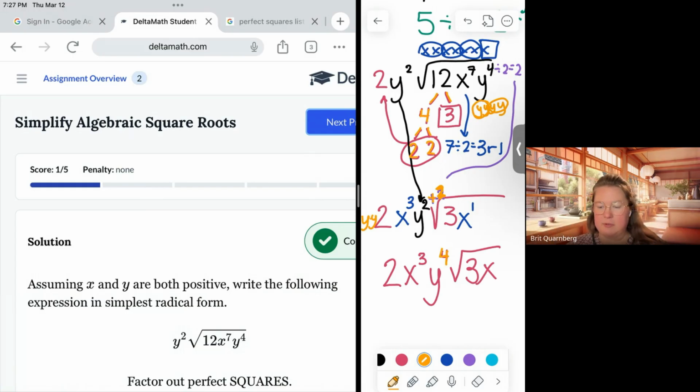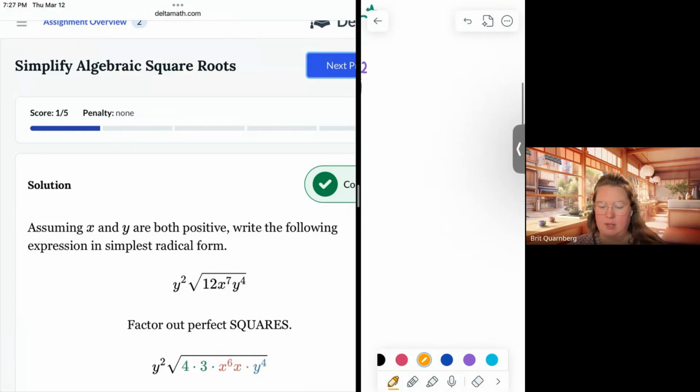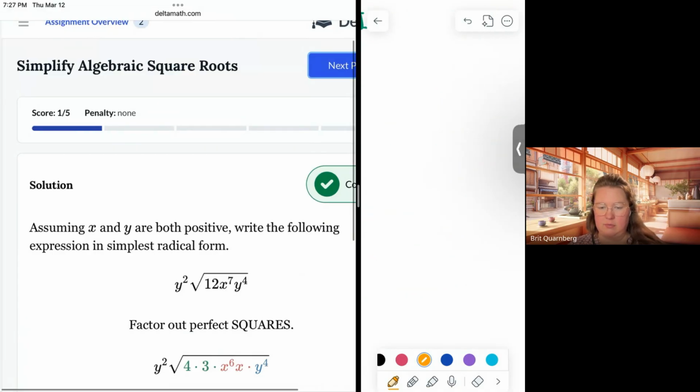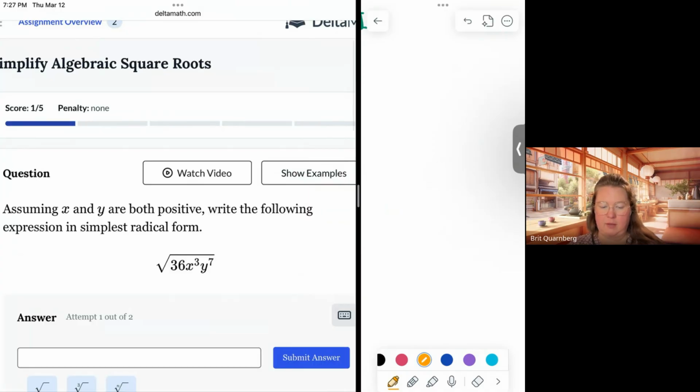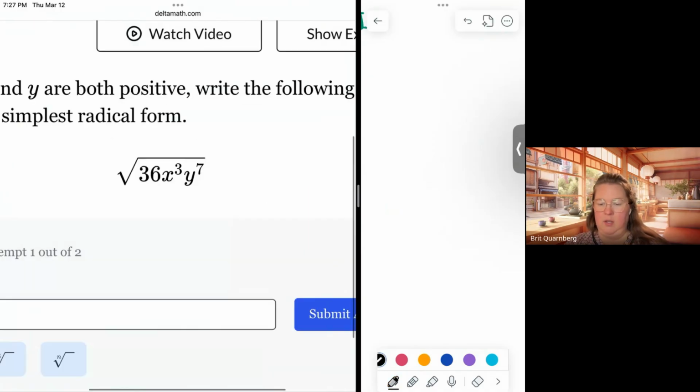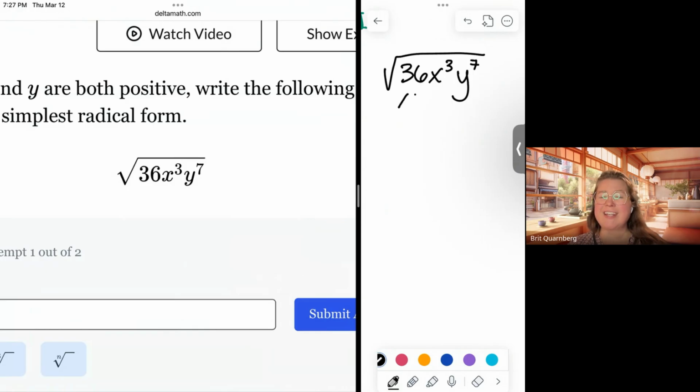Okay, let's try it with this one. Let's do the next problem. The square root of 36, x to the 3rd, y to the 7th. So 36, nice news about that is it's 6 times 6, which means that 6 is going to come out. And I'm going to write it down here because it makes more sense to me.